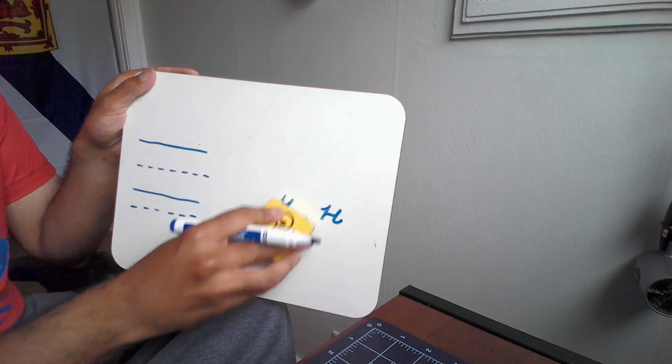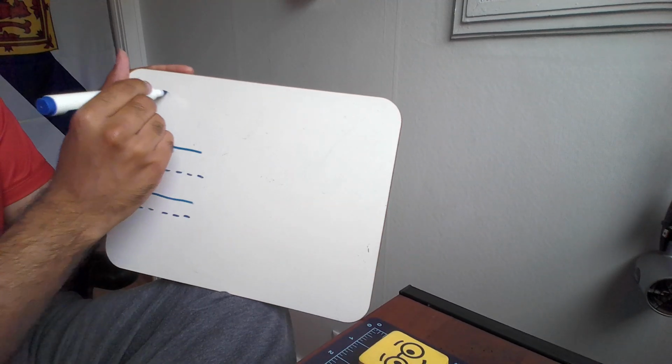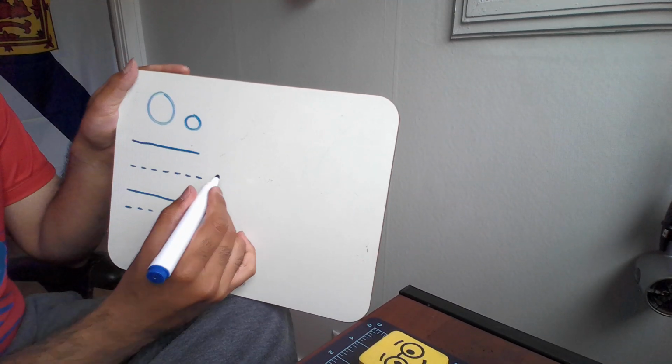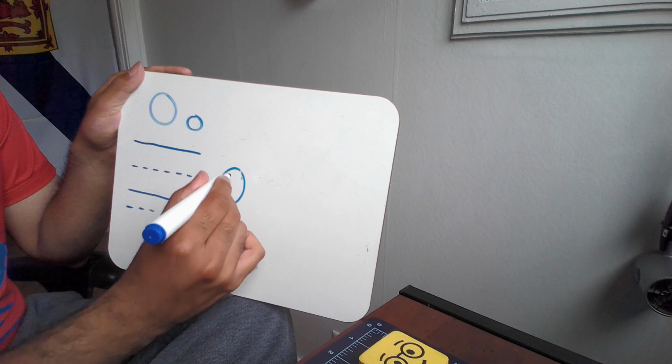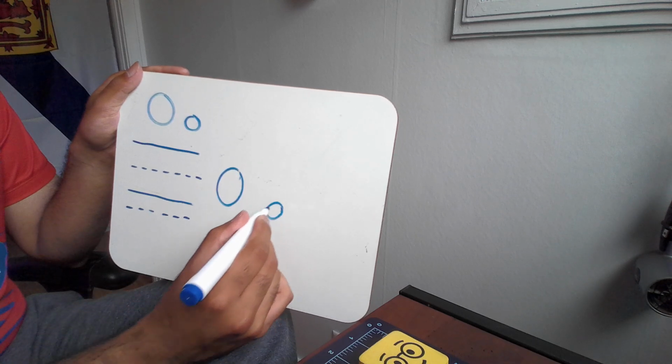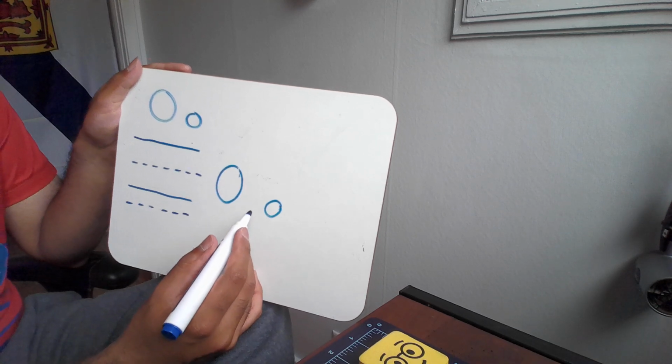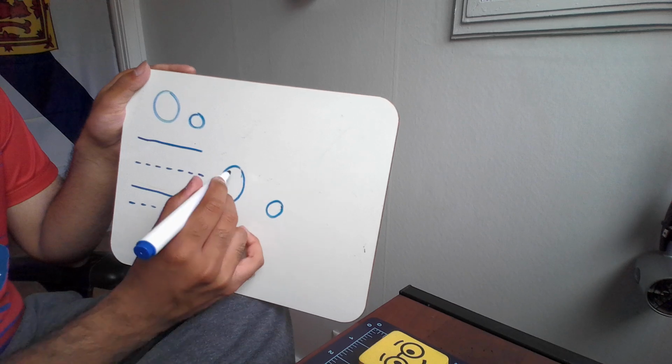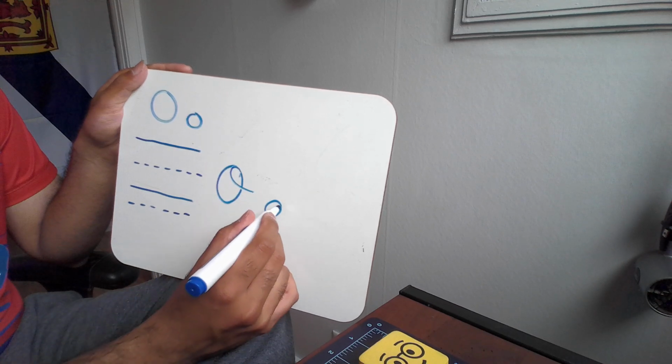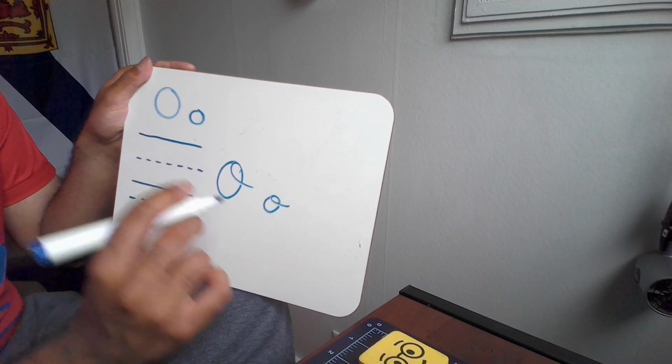Next up we have O, which is a very simple letter to write. But one thing to note is that in English, when we're writing in cursive, our O's connect from the top, like this. In Russian, they don't.